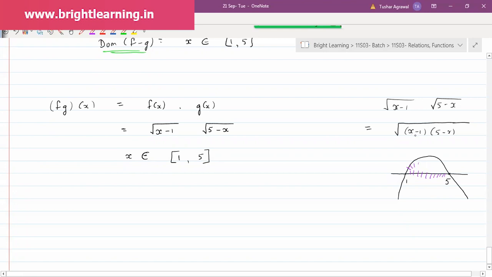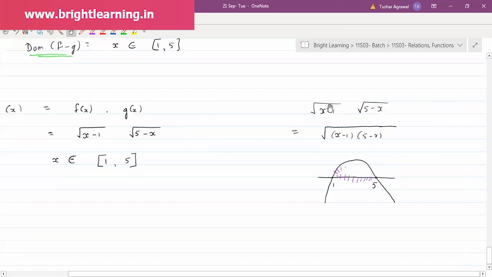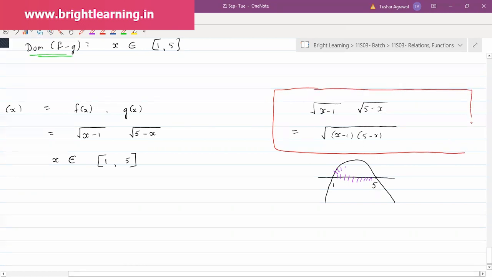One minute. The point that I want to convey is something else. The square root of x minus 1 into the square root of 5 minus x is equal to the square root of (x minus 1) into (5 minus x). This equality is not correct.